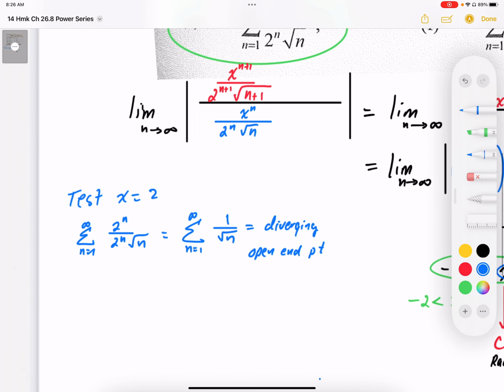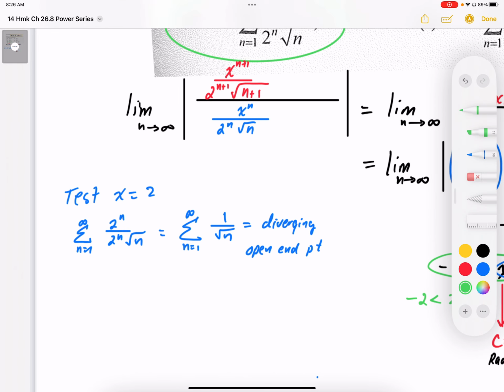I then test the left. So I'm going to plug in. So I'm going to test x equals -2. So I have -2 to the power n over 2 to the power n square root n. Now this will simplify almost the same.